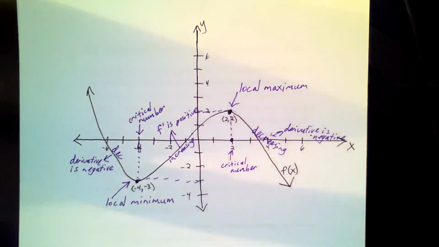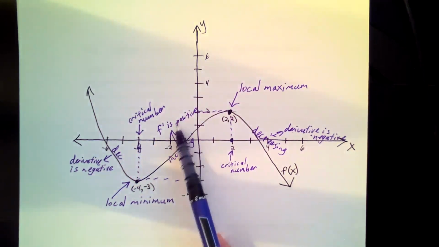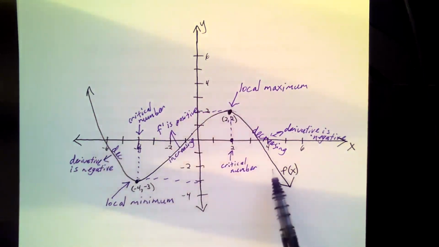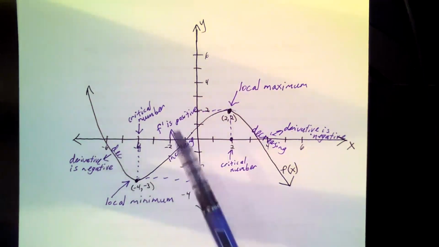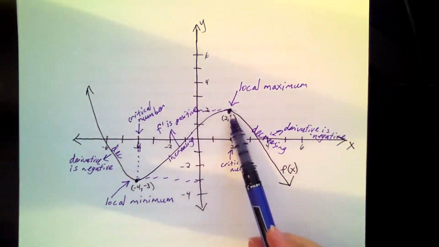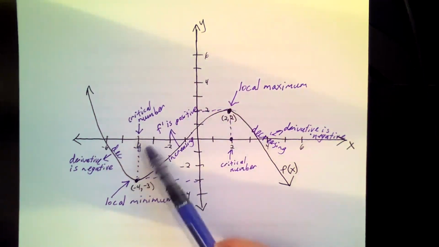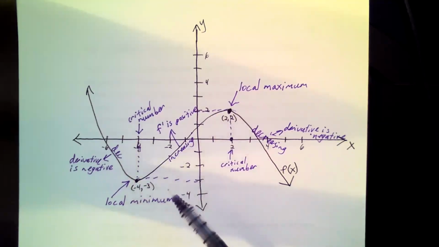So in a universe where I don't see the original function, I'm not sure what exactly it looks like, I can use the derivative to figure out where the derivative is negative and positive. It helps me describe what my original function is doing. Also, if you can find these particular x values where critical numbers are, you have a really good idea of where there's a local max or local min.